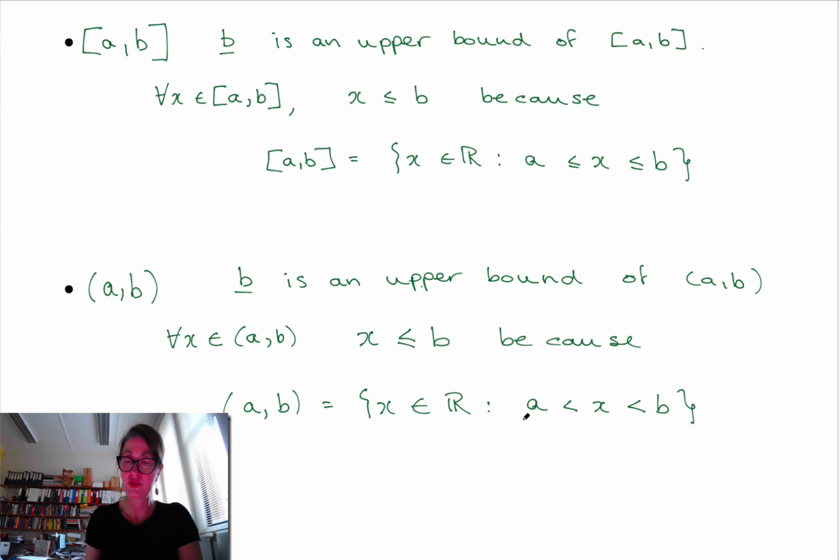So it's certainly true that all elements in the open interval are less than or equal to b, and that's exactly the definition of what it means to be an upper bound. So whether I've got a closed interval or an open interval, b is an upper bound of each of them.